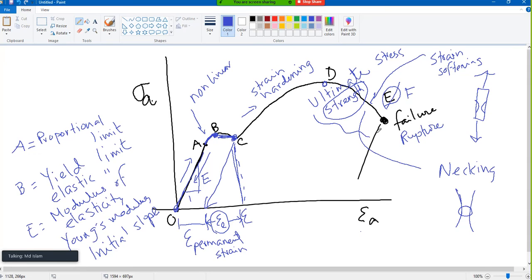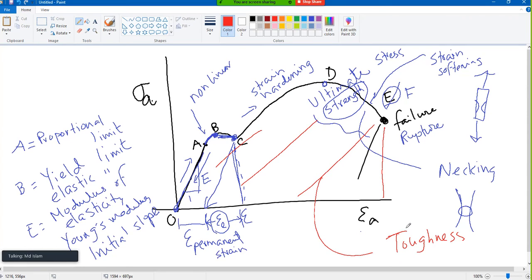Okay, so I think we covered most of these parameters. You should know them. Something else, if I use a different color, the entire area is called toughness. The energy before failure is called toughness, or sometimes modulus of toughness.